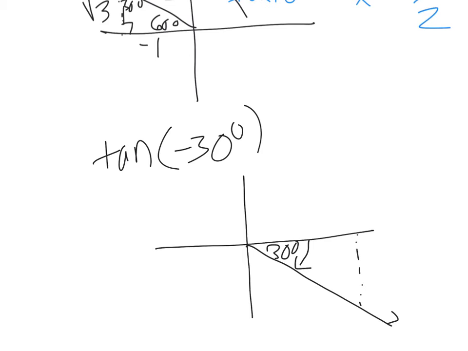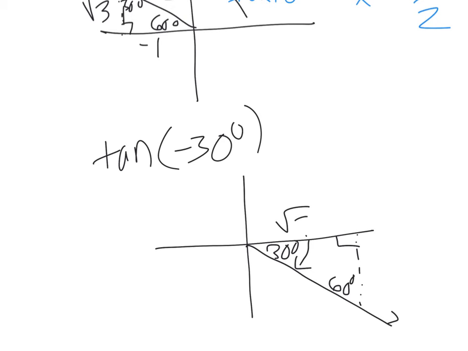You're always going to draw your triangle or drop your altitude to the closest x-axis to correctly reflect the x and y coordinates. So the x coordinate here, if it's going to be opposite 60, is positive, since in quadrant 4 x is still positive. Positive √3.